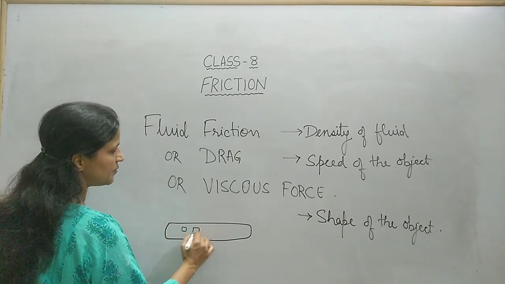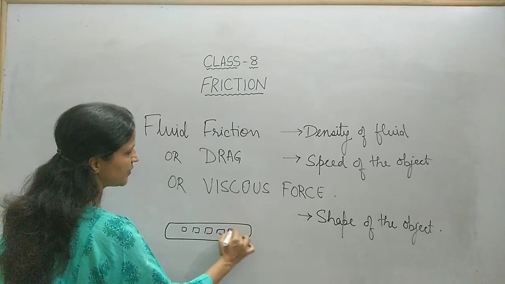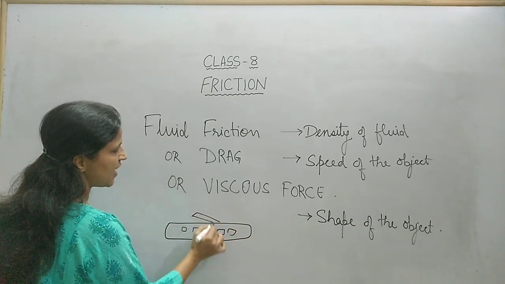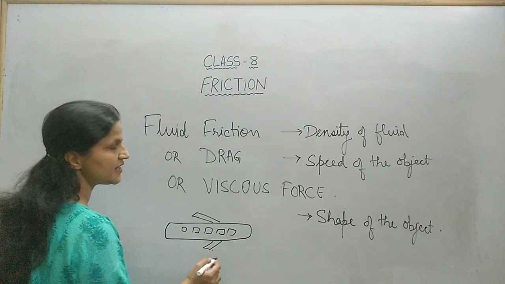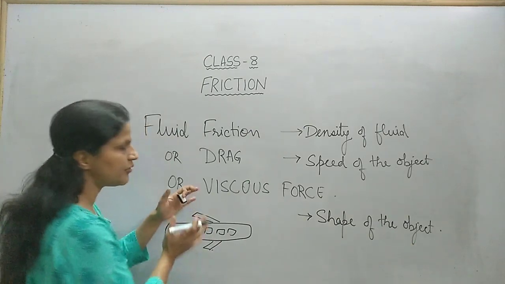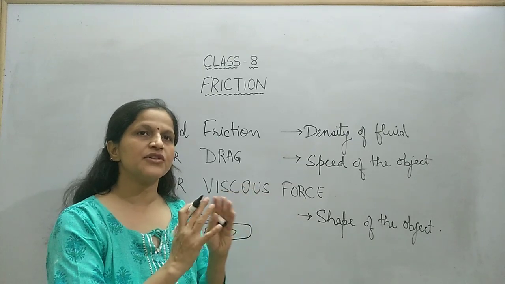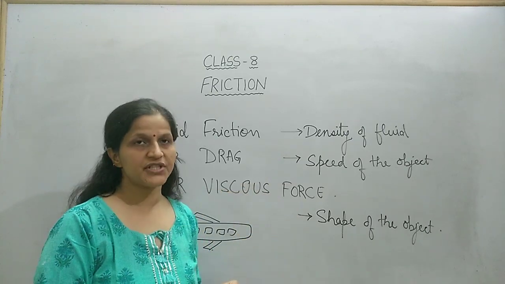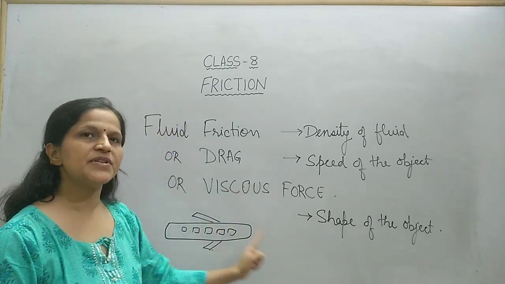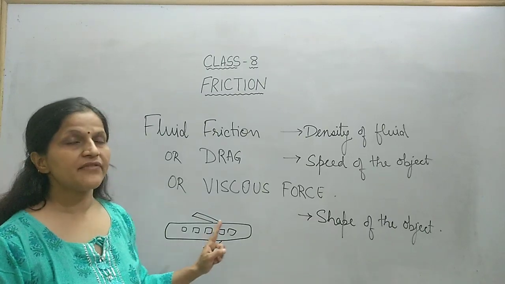So if the object is streamlined in shape, then the viscous drag offered to the object is very less as compared to objects having a broader shape. A broader shape will experience more fluid friction. But if the shape is streamlined, then the viscous drag will be less.